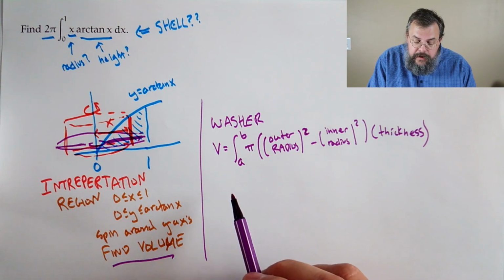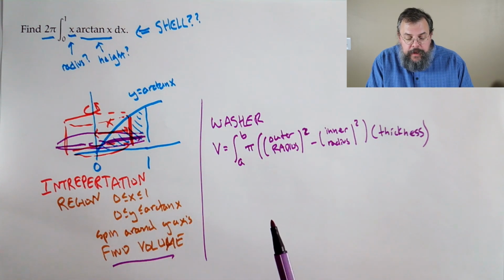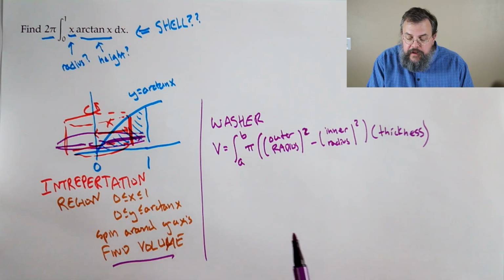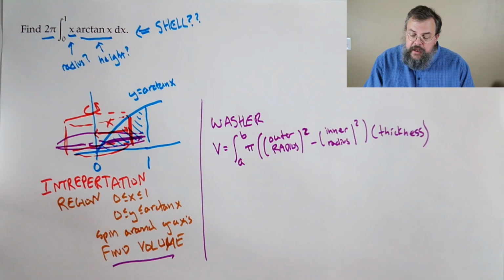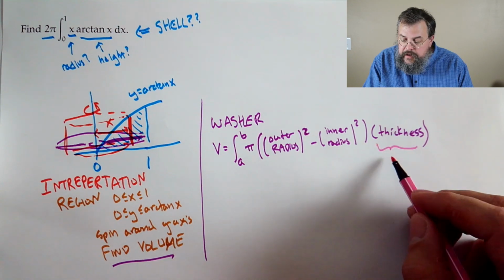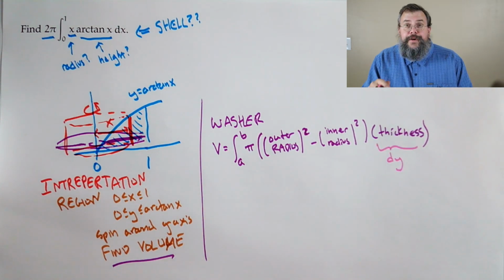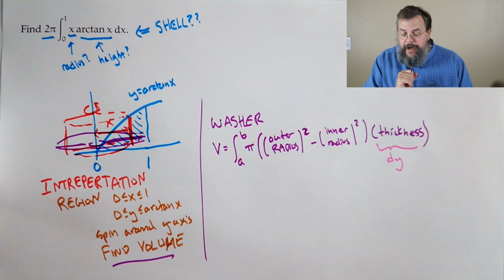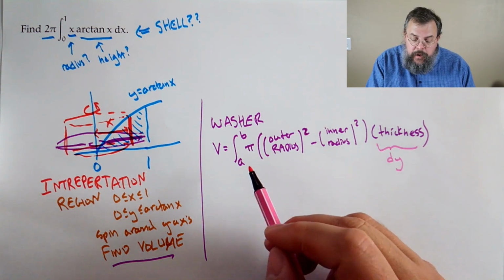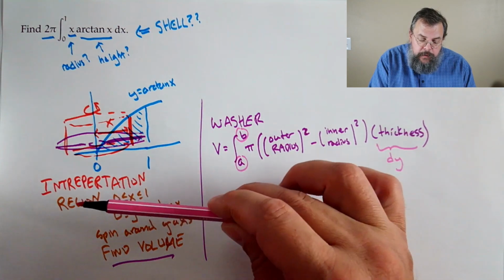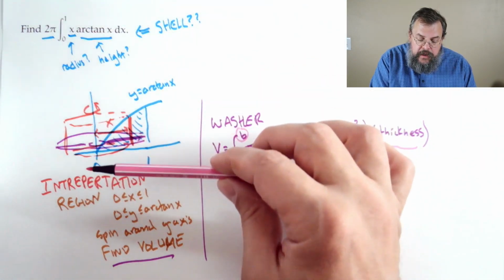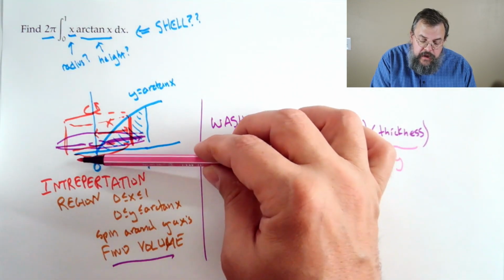Okay, so let's start thinking. We have to start identifying certain things. Now, our thickness, what will that become? Well, that's going to be our dy, because we're doing horizontal slices. That's dy. Where do our bounds go from? Well, we need to know where does y go from. And we can see part of it, we start low.